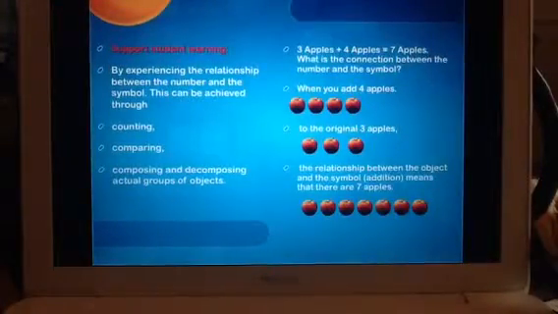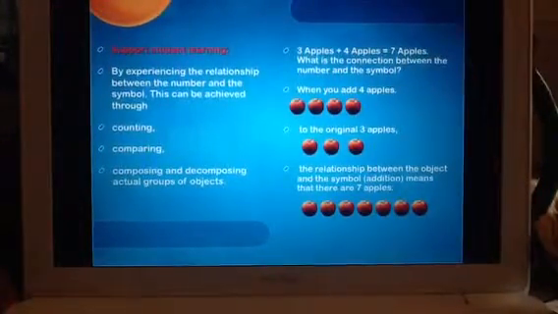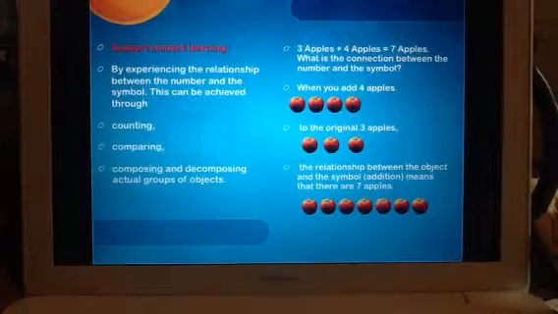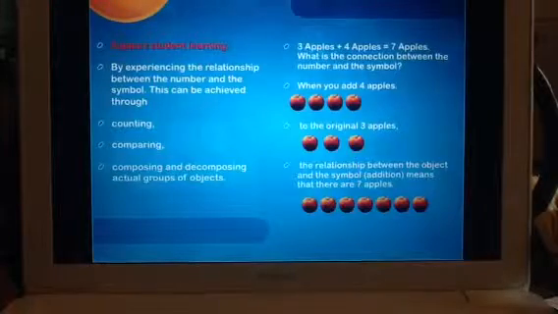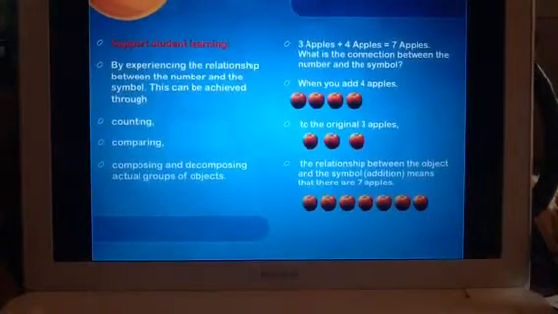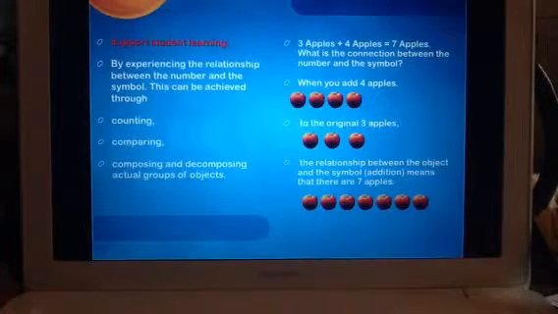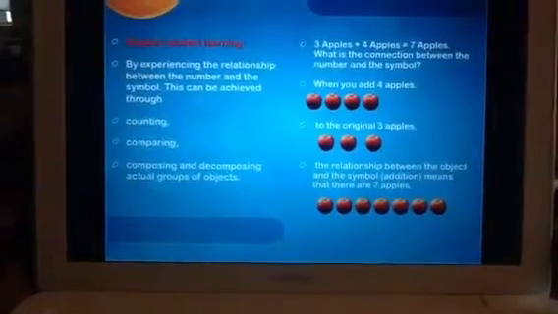It is so important to support student learning. By experiencing the relationship between the number and the symbol, they can be achieved through counting, comparing, composing and decomposing actual groups of objects. For example, 3 apples and 4 apples equals 7 apples. What is the connection between the number and the symbol?